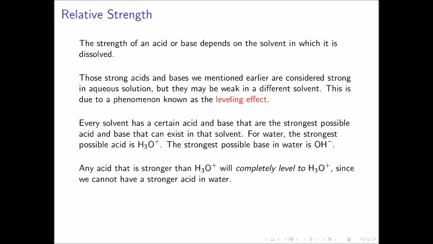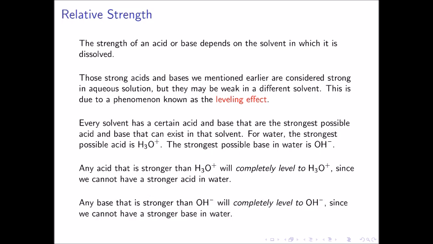Any acid that is stronger than hydronium ion will completely level to hydronium ion, since we cannot have a stronger acid in water. Any base that is stronger than hydroxide ion will completely level to hydroxide ion, since we cannot have a stronger base in water.